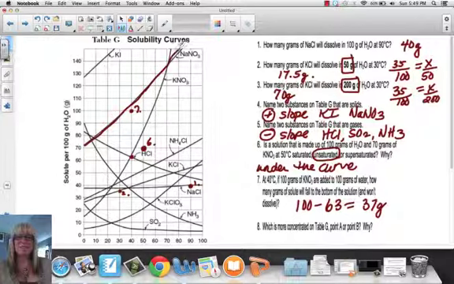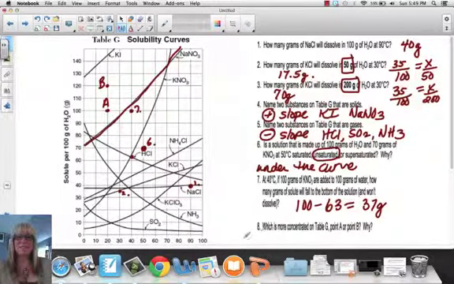Here's NaNO3. And let's say this is point A and this is point B. Which one of those is more concentrated, A or B, and why?